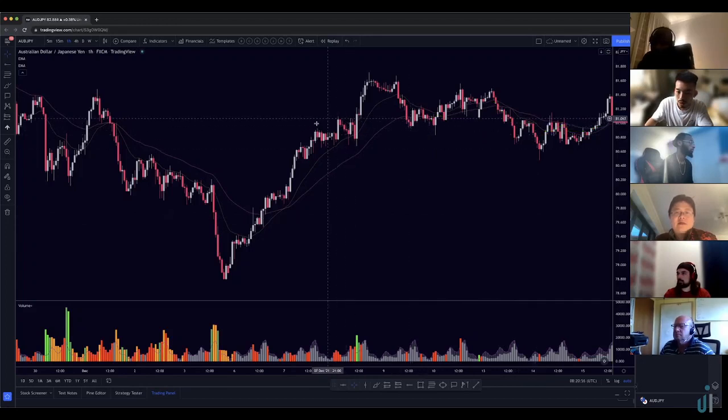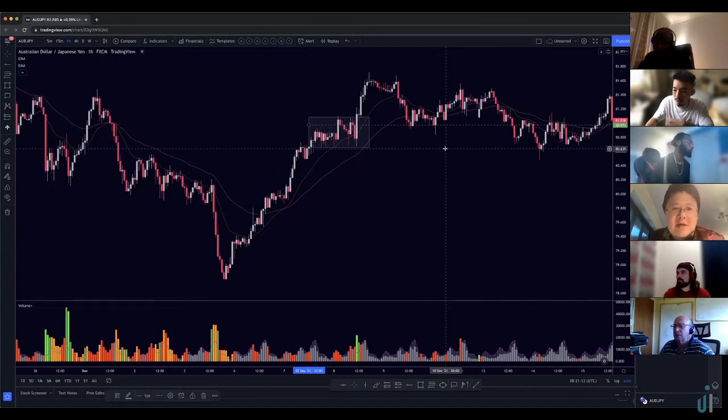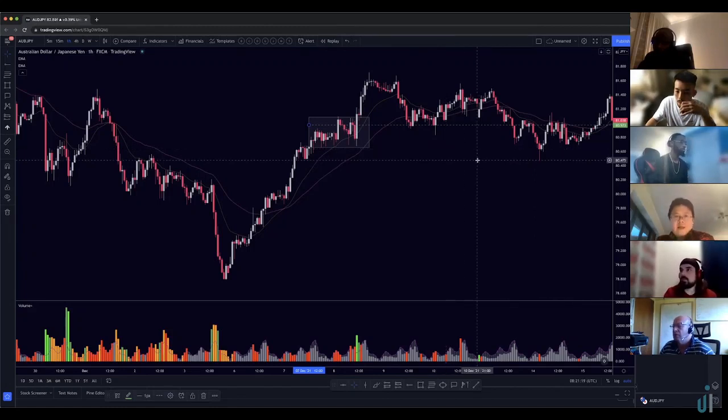Is this a release zone? Because you guys were talking about probably this area here to buy, right? I think Casey was trying to sell over there, right? Yeah, this one was interesting.